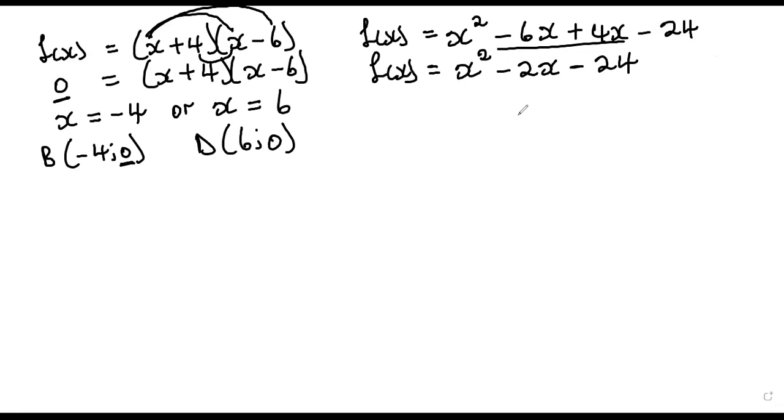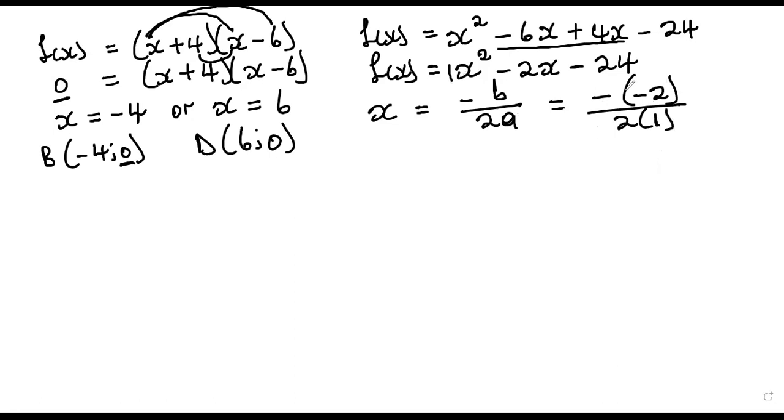So the easiest you can say is when finding the x-coordinate of the turning point, you say -b divided by 2a. Then you say negative into the value of b, which is -2. And then you say 2 into the value of a, which is +1, like that. So negative by negative is a positive. 2 divided by 2 is just going to be 1. This is the first way you can find the x-coordinate of the turning point.